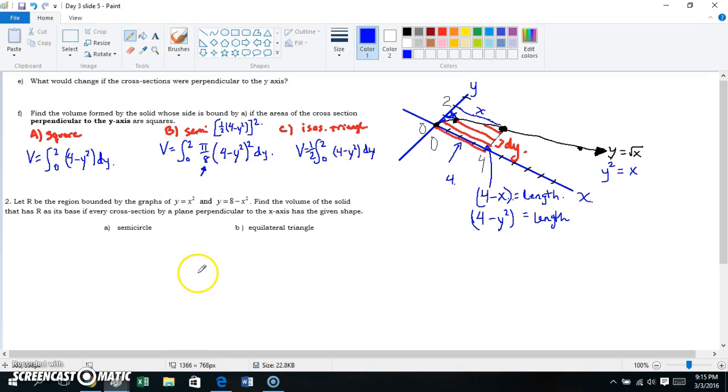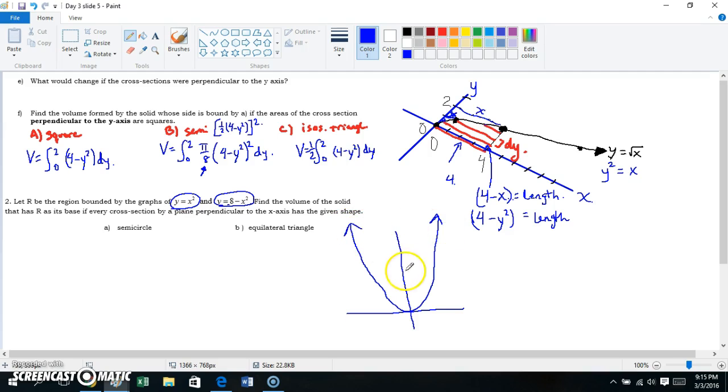Let R be the region bounded by the graph of y equals x squared and y equals 8 minus x squared. Okay, so roughly, we'll call this x squared, and we'll call this 8 minus x squared. Okay, we need to know where those two graphs intersect.